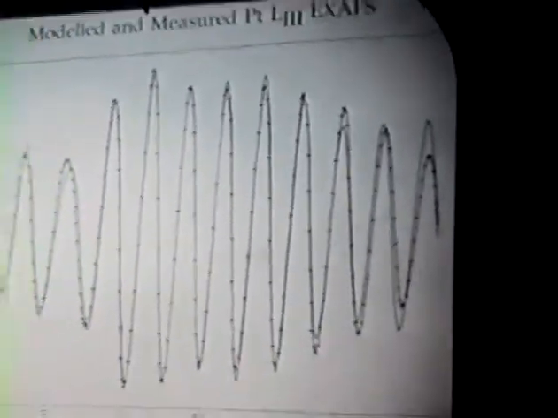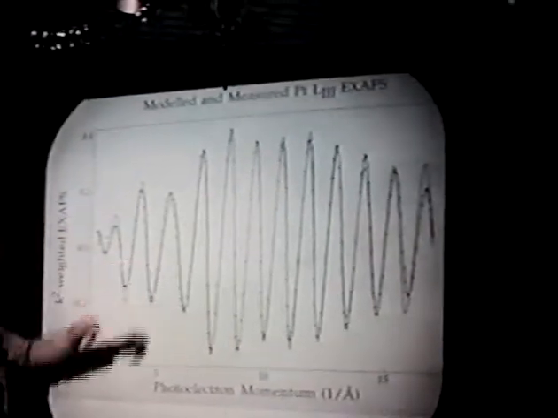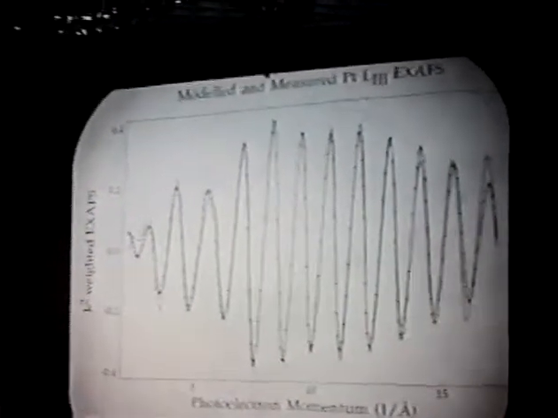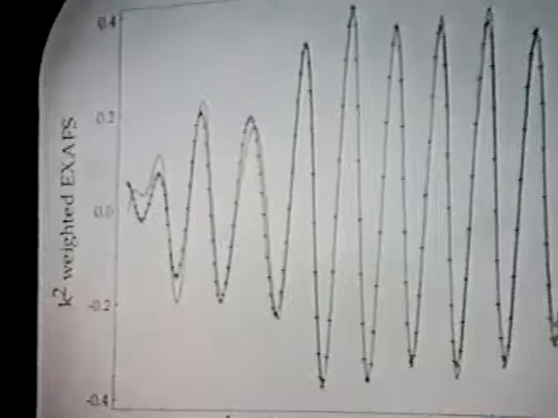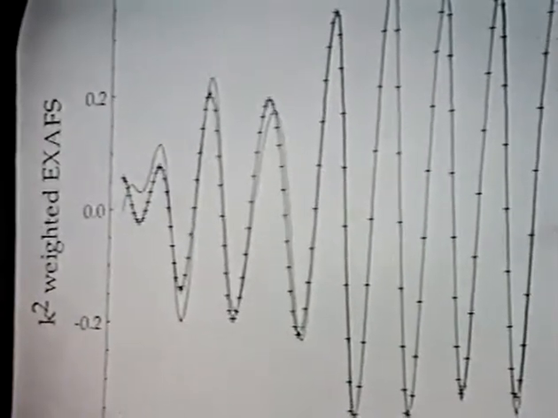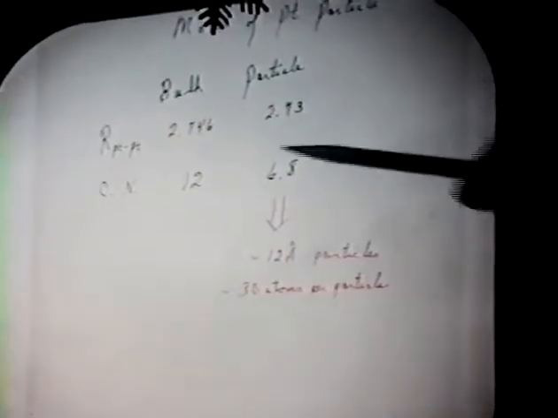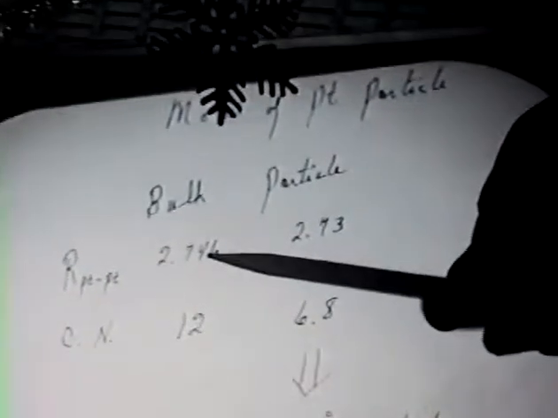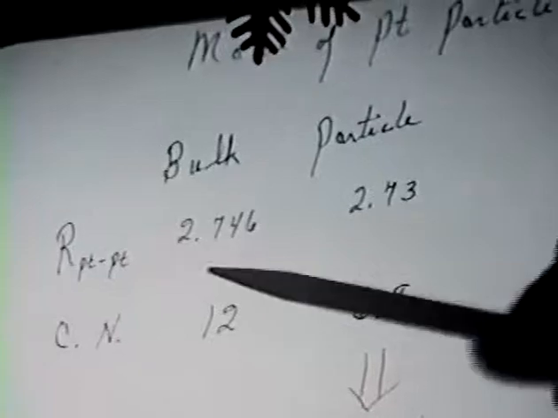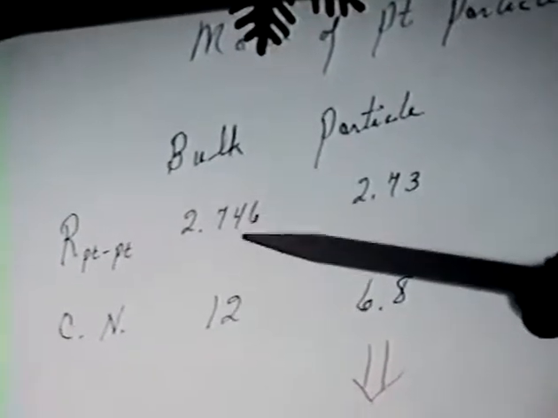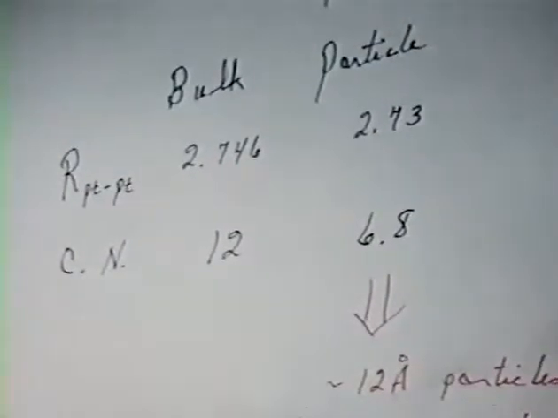The points are the actual data and the solid line is the fit, and from this fit we can extract things like the Debye-Waller term and the coordination number and the energy to distance, and the numbers that we get out are that the platinum has essentially the bulk internuclear distance, 2.73 compared to bulk platinum foil of 2.746.